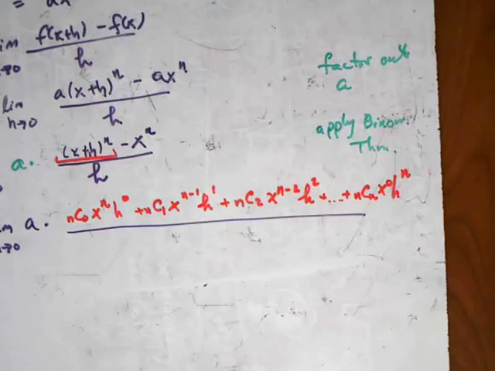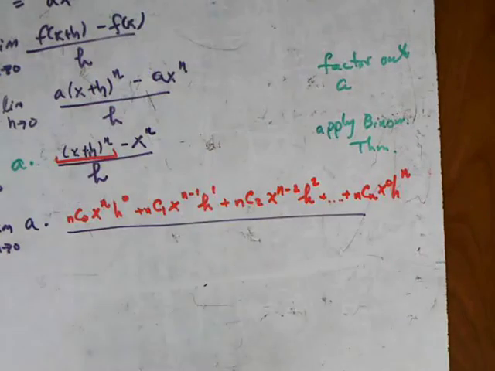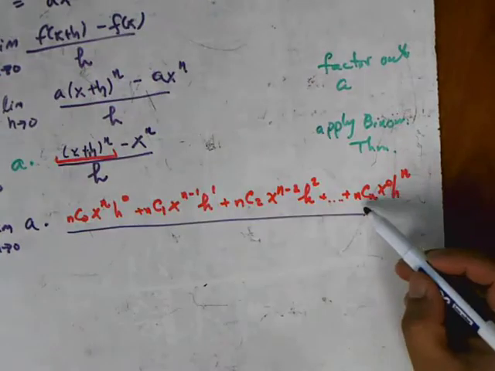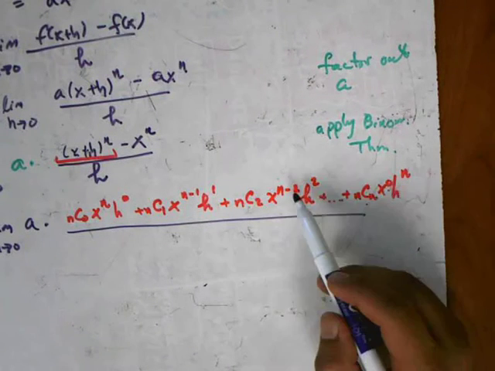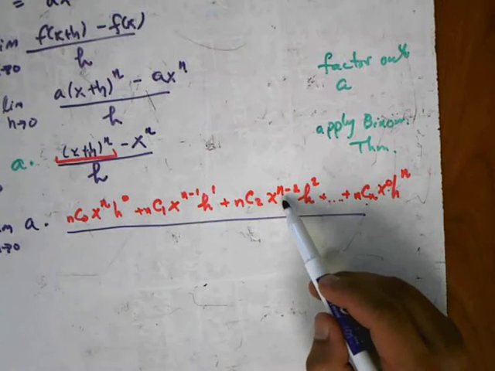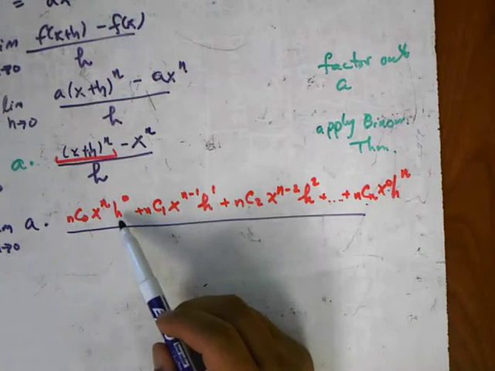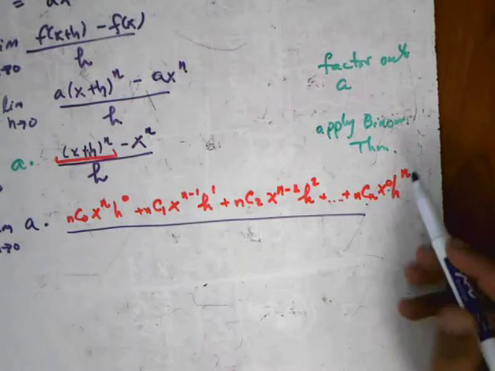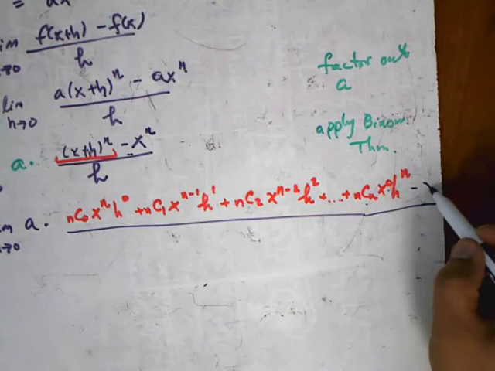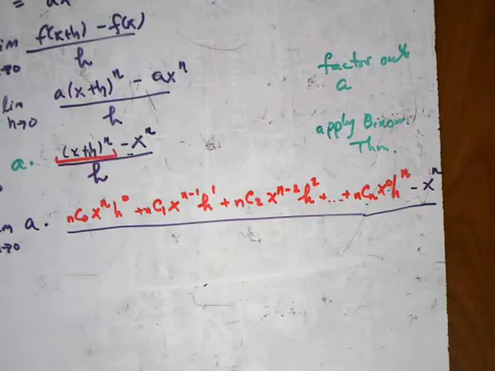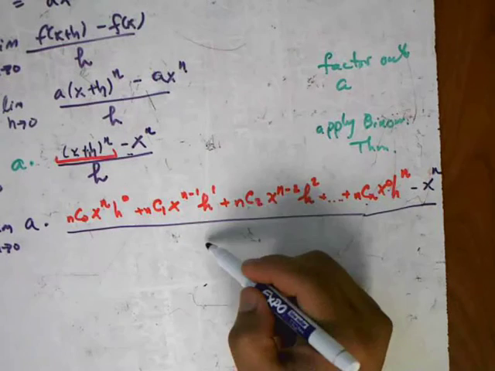This is going to continue on for a while, but it's got to end here at n choose n, and x has been decreased all the way down to 0. H started out at 0 and increased until n. And then finally we still have this thing left here, minus x to the nth, and all of that over h.